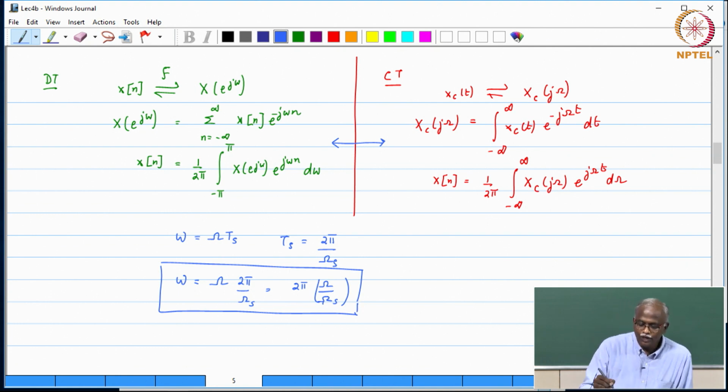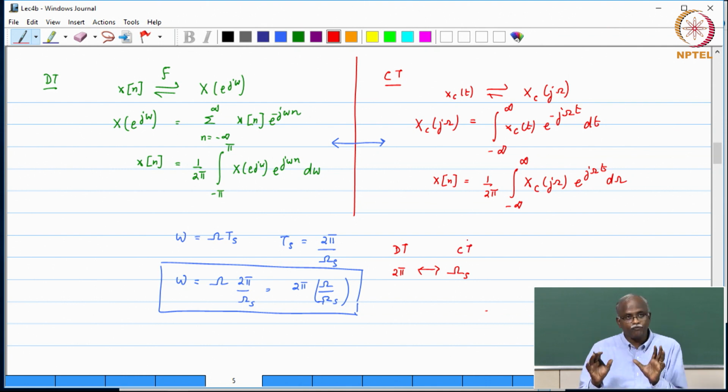Now comes an important, it is more of an observation. So omega s is the sampling frequency, that is the frequency with which the spectrum repeats. Now in the discrete time this corresponds to 2 pi. So 2 pi in the discrete time, this is continuous time. So the frequency 2 pi maps to omega s. Okay, and very often we are interested in omega s by 2, because that is the portion of the spectrum that will get reconstructed.